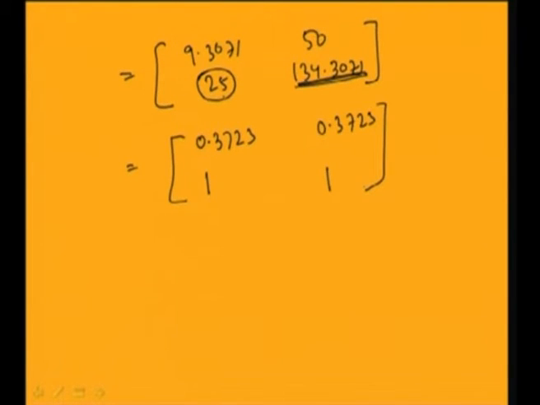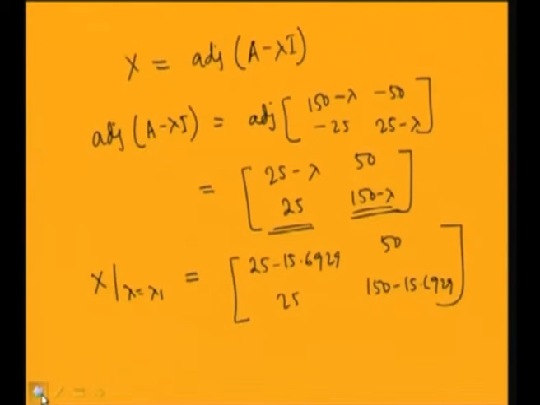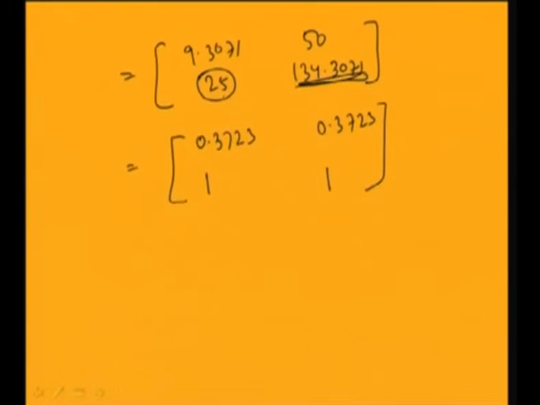So you can check that both the columns yield the same value. So in this case, without taking all the columns of this adjoint matrix, you can take only a single column of that adjoint matrix to find the normal modes of the system. So the normal mode x1 now becomes 0.3723 by 1.